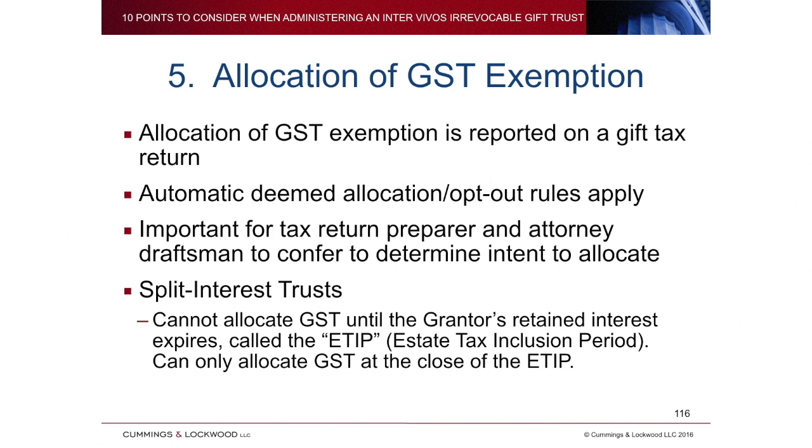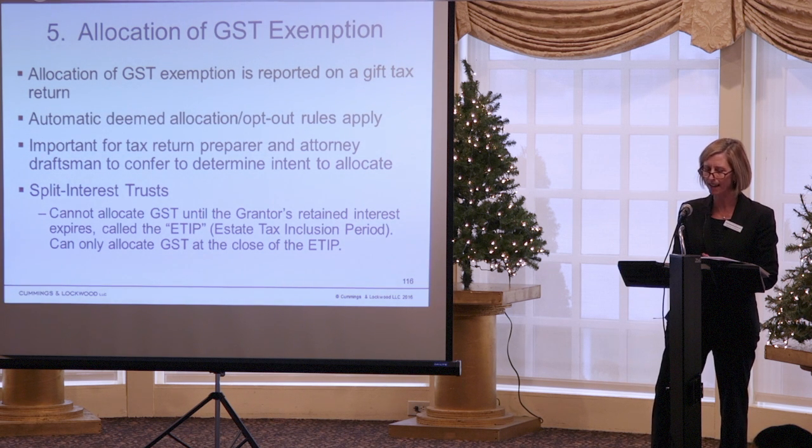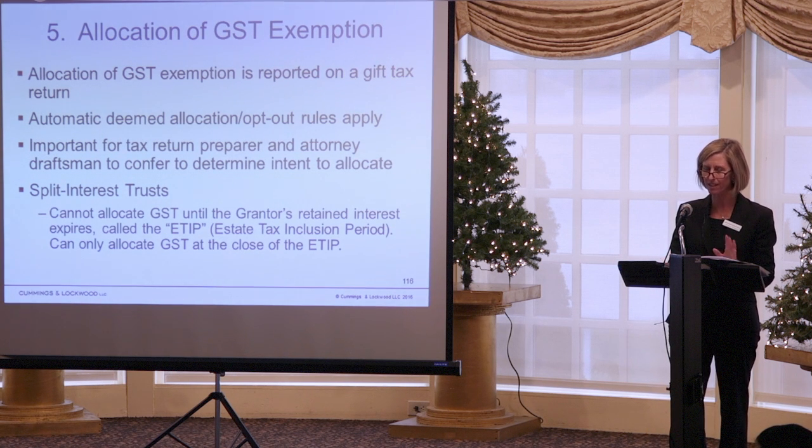So at this point in time, you also should be considering whether or not to allocate GST exemption to gifts that you've made to the trust, as that is also something that you do on a gift tax return. A couple of things to keep in mind with GST exemption allocations. The IRS has automatic deemed allocation rules, which will automatically allocate GST exemption to any gift made to what the IRS defines as a, quote, GST trust, whether or not you file a return.